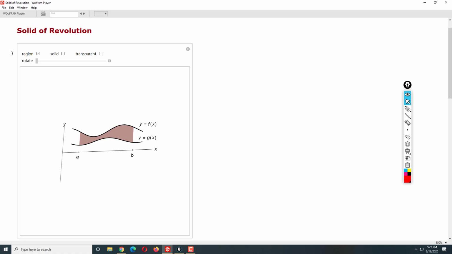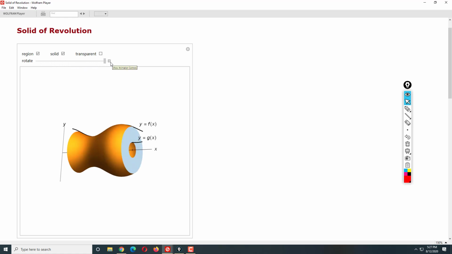Two functions. They're always positive, and f of x is always greater than g of x. We can revolve this around the x-axis. When we do that, like this, so this is revolving around the x-axis. When we do that, we're going to get a solid that looks like this when we rotate.